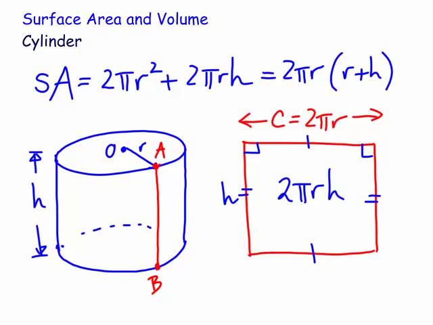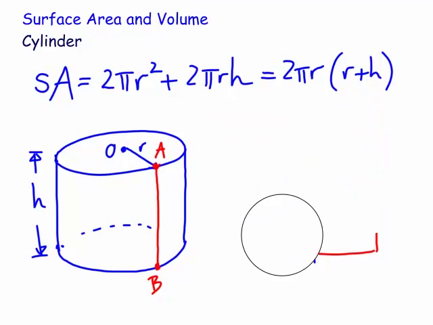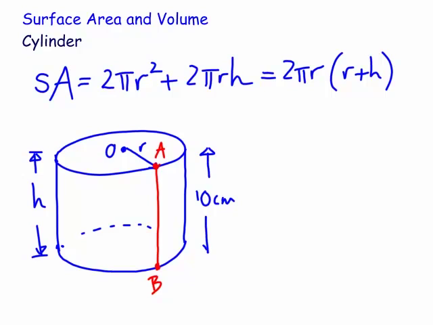Let's put some values in. Let's make the height 10 centimeters and the radius r equal to 5 centimeters. How would we find the surface area?